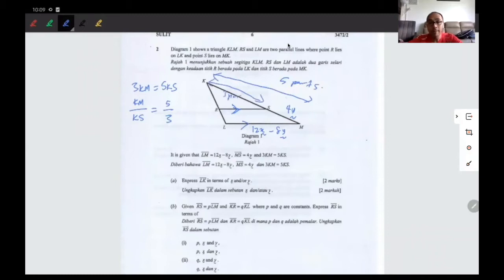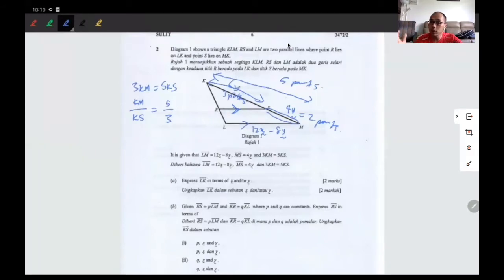So MS over here will be 2 parts. Now, if 2 parts equals 4y, therefore 3 parts equals 6y.